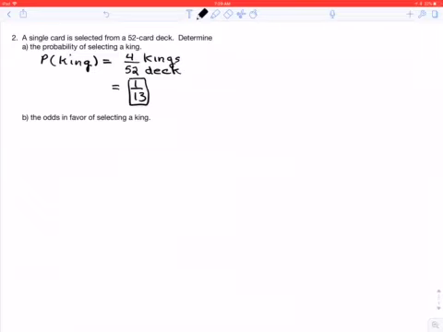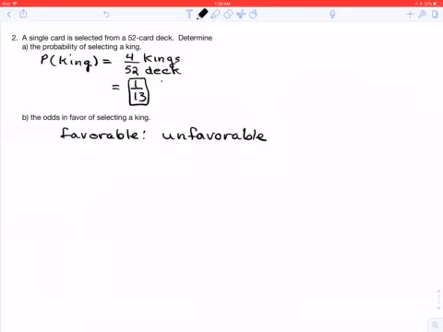Now odds in favor of getting a king. That's going to be a ratio, favorable outcomes to unfavorable. All right, let's go back and look at our probability.